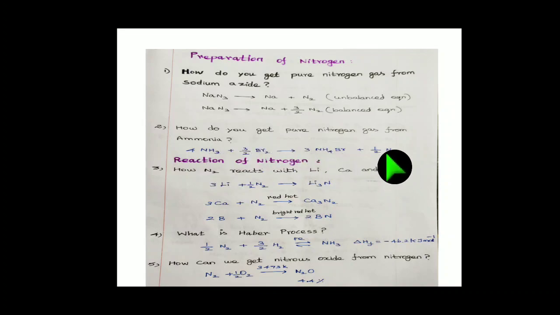For balancing this equation, first you have to see the hydrogen. Left side 3, right side 4. For balance, I multiply ammonia by 4 and here by 3.